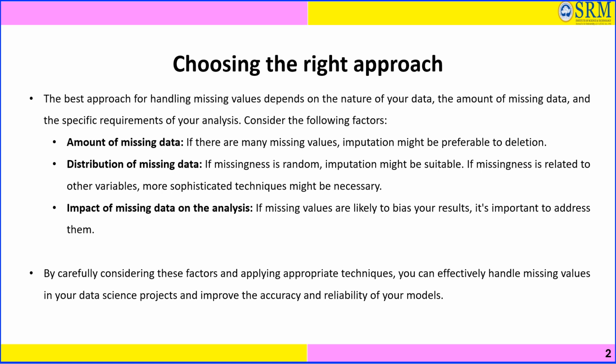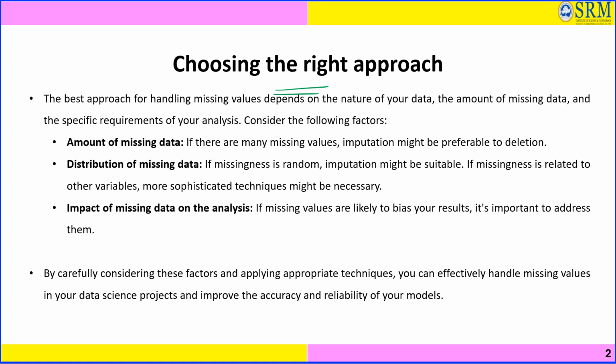In imputation, we can impute the data with the mean, median or mode. You choose the median if you have outliers or skewed data, mode if the data is categorical, and mean if it is normally distributed. Whatever it is, you have to choose the right approach to deal with NaN values.